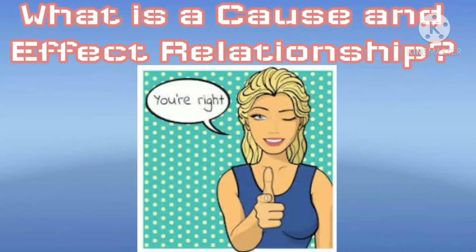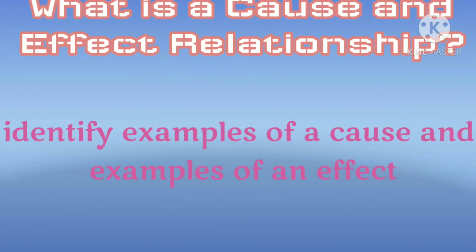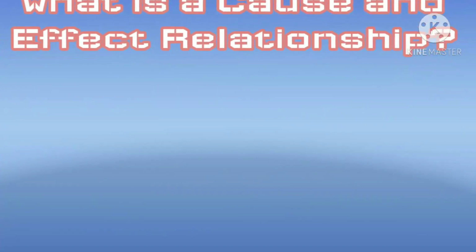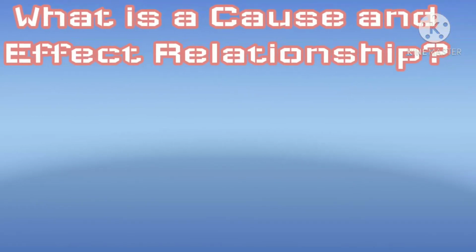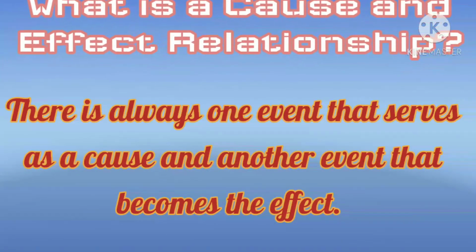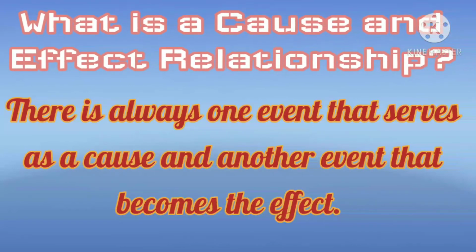You're right. You were even made to identify examples of a cause and also examples of an effect. You also have noticed that in any cause and effect relationship, there is always one event that serves as a cause and another event that becomes the effect.